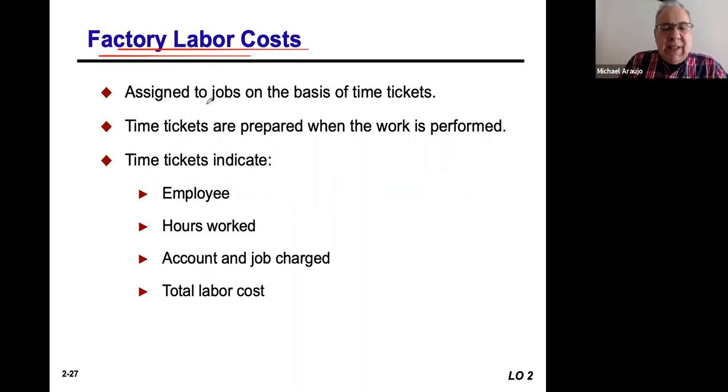Again, we assign the labor costs based on another document, the time tickets, showing how many hours of work are needed to complete the job. Time tickets would include what employee worked, the number of hours, what account is going to be charged, and the total labor cost, which of course we need to know for each particular job.